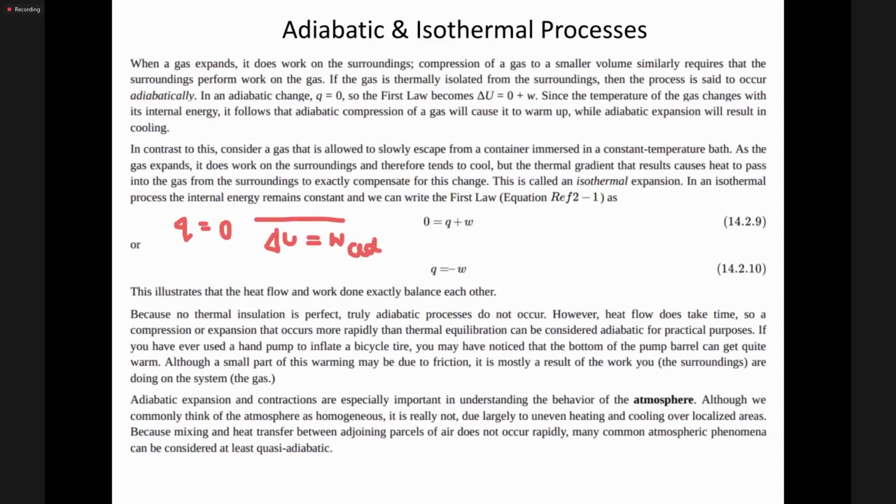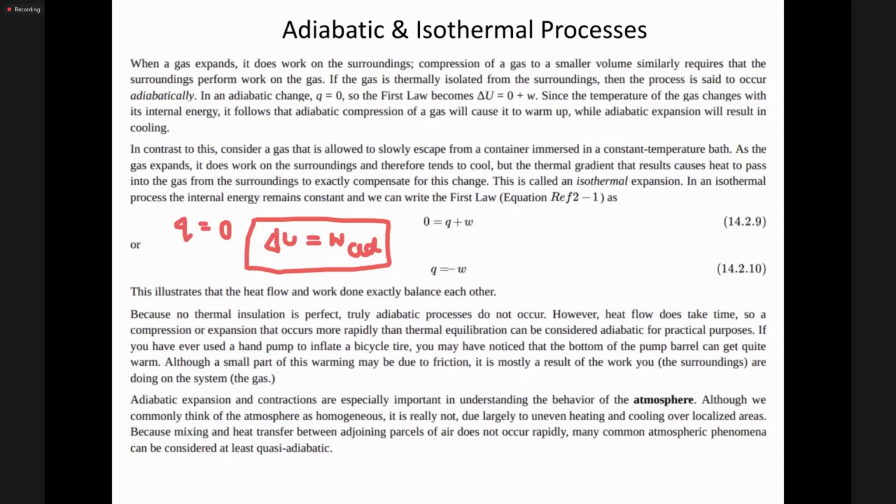This ad suffix turns up because of the adiabatic process. Now, since the temperature of the gas changes with the internal energy U, it follows that adiabatic compression of a gas will cause it to warm up, while adiabatic expansion will result in cooling.